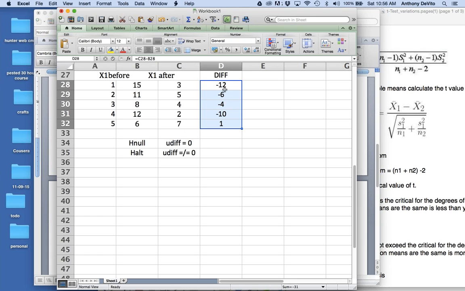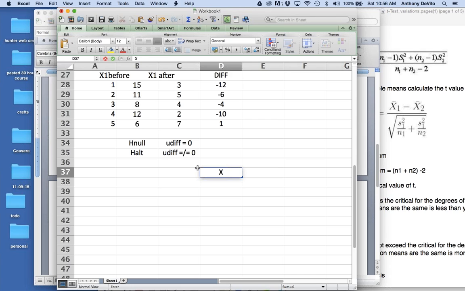So how are we going to analyze this? We only have a single sample now, so this is a form of a single sample t-test. To go through that very quickly, the mean difference is equal to the average, and the standard deviation of the differences is the standard deviation of all these values.